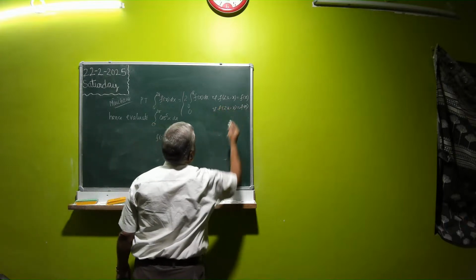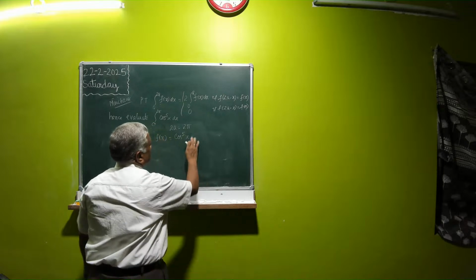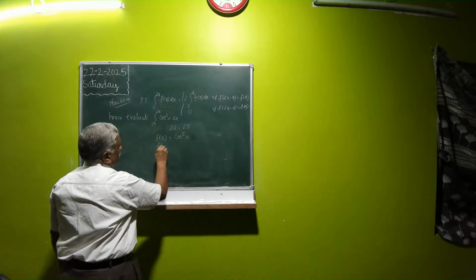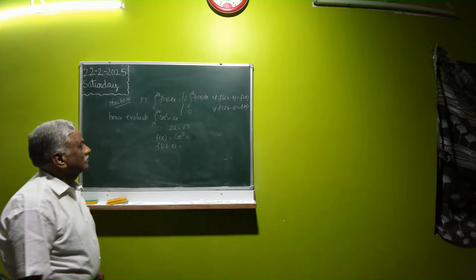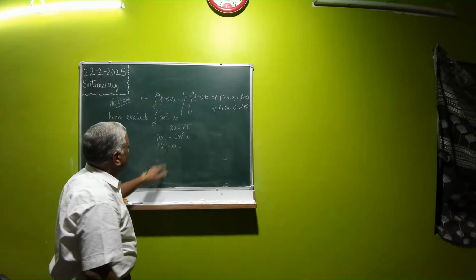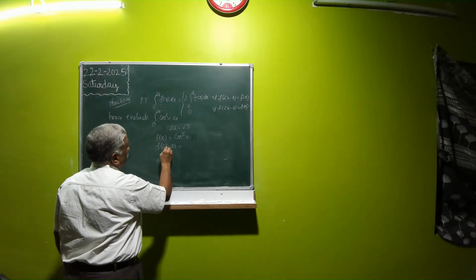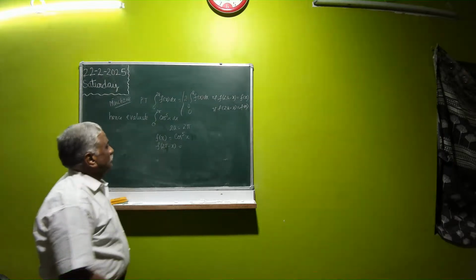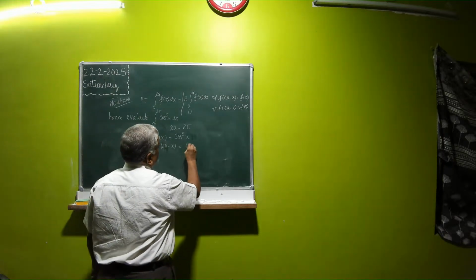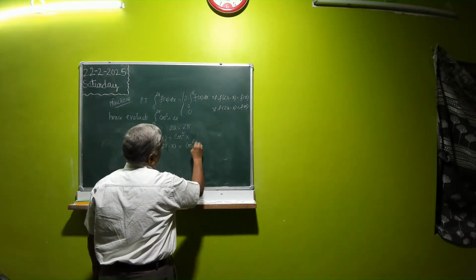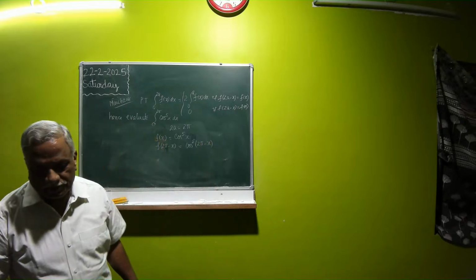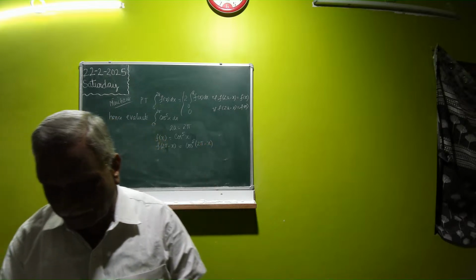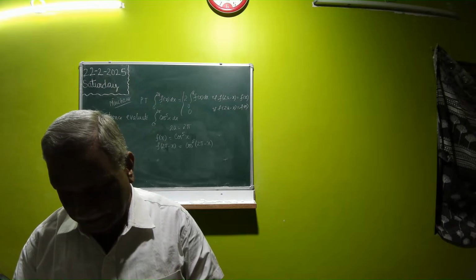Now, what is f of 2a minus x? In place of 2a, you should write 2 pi. So it is cos to the power of 5 into 2 pi minus x.